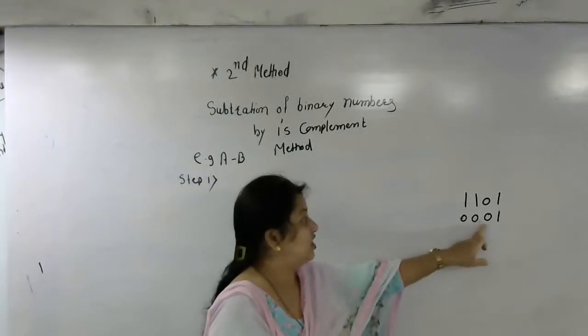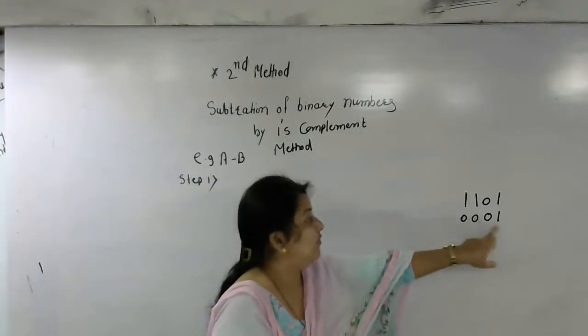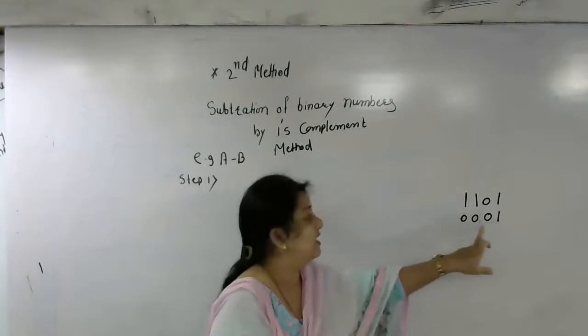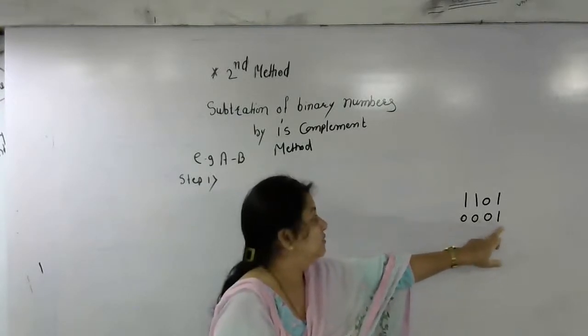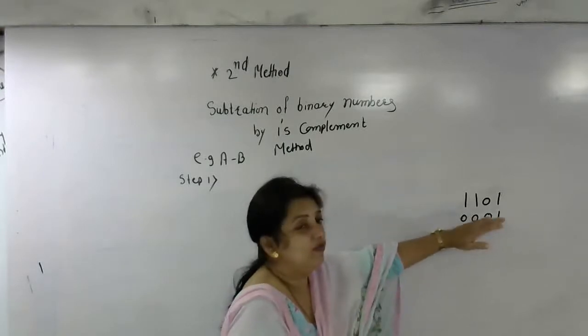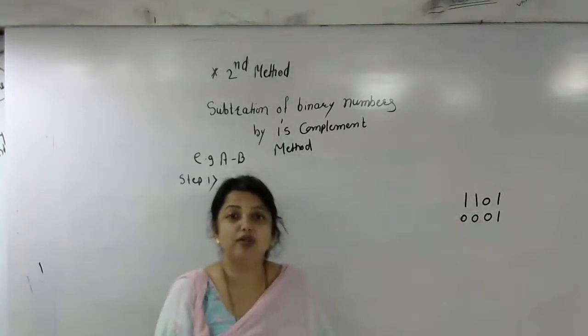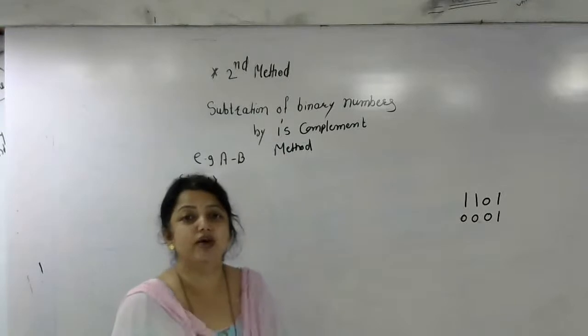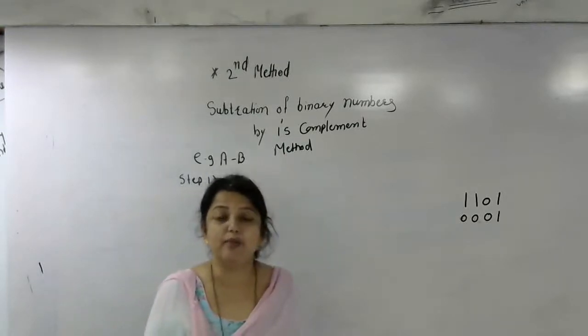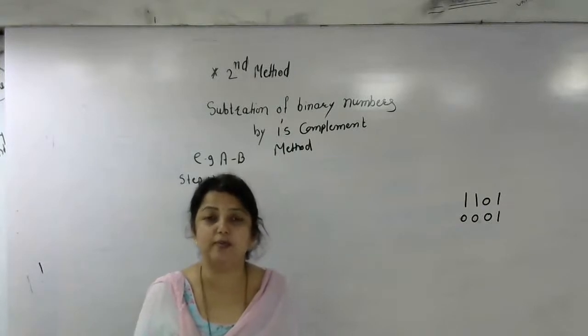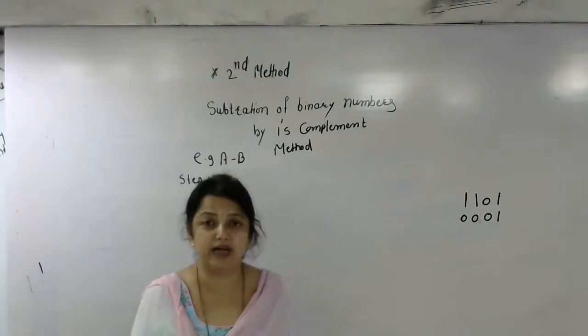So this does not change the value of the number. 01 has value 1 and 0001 also has value 1. So make equal bits before doing anything. In both the 1's complement and 2's complement methods, you have to make an equal number of bits for both the numbers which we want to subtract.